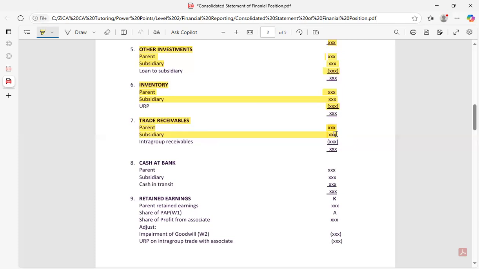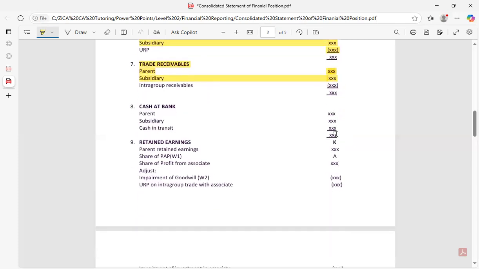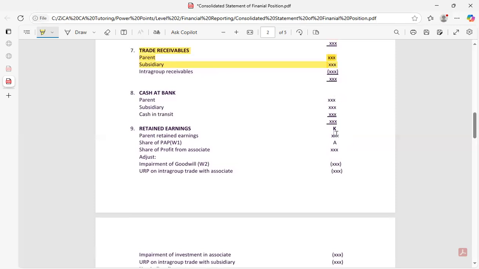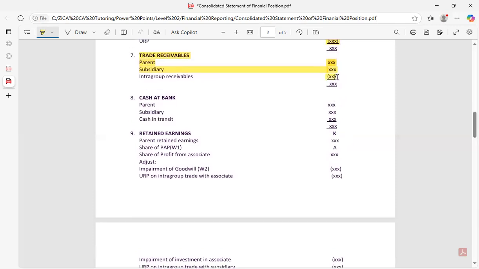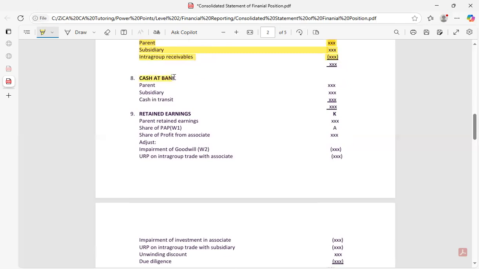Then from the cost of sales, we're deducting the intra-group purchases. But in the statement of financial position, we are deducting the intragroup receivables. The receivables that have been given as they are owing at the point of consolidation.